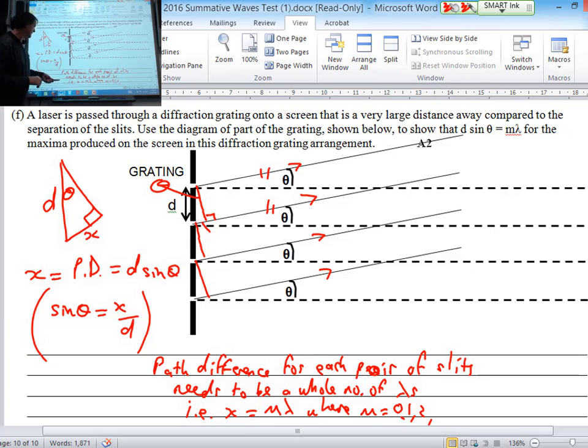And so therefore you can link the ideas together. And the reason for that is you want constructive interference. So point that out here, to give constructive interference. So there's another mark for that. And therefore the path difference d sine theta must equal m lambda to get that constructive interference. So there are the other things you need to point out. Okay, thanks.